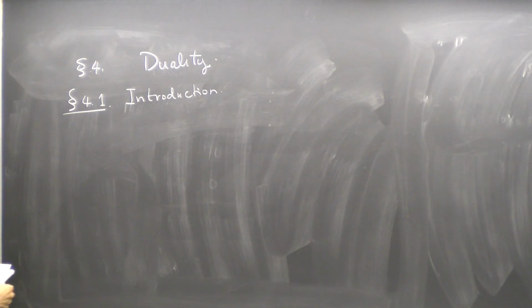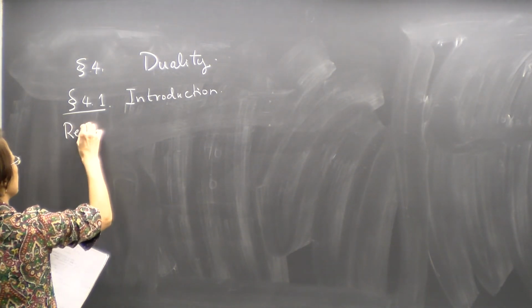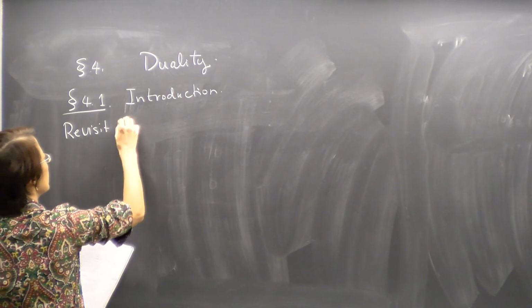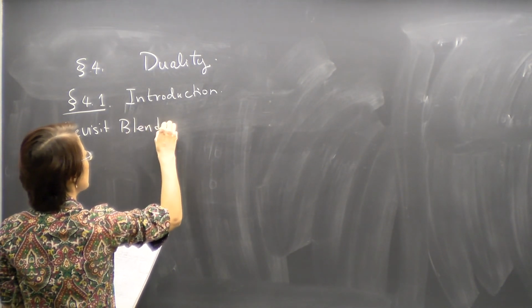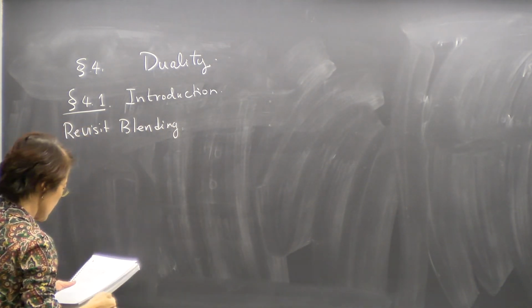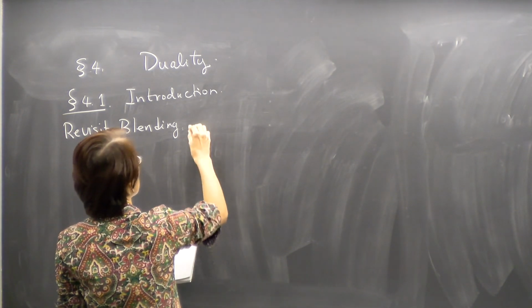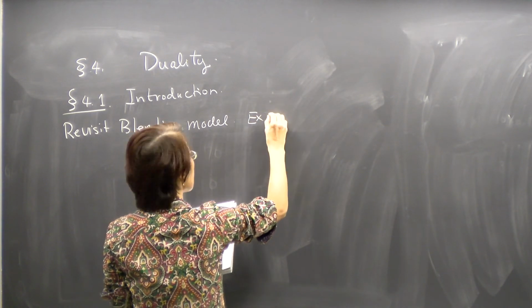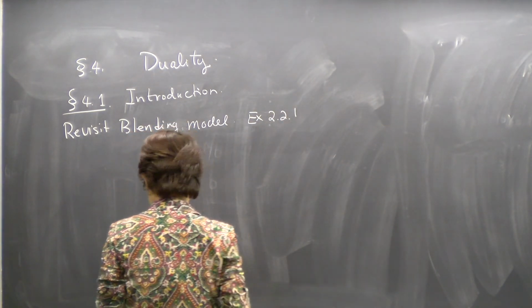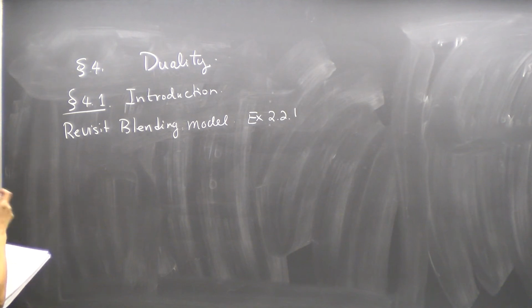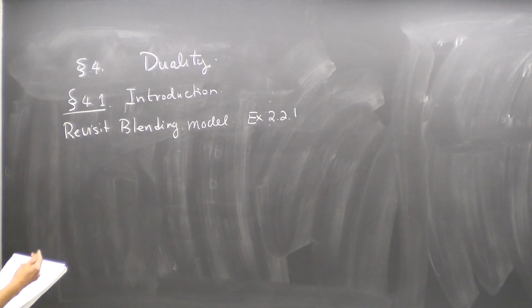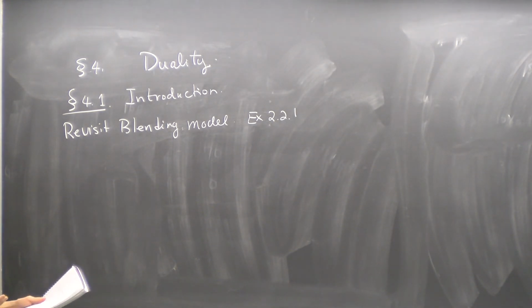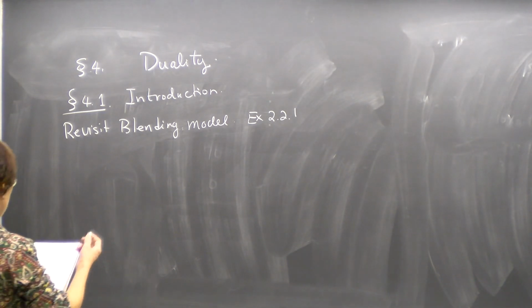So we'll revisit a blending problem that we covered, maybe one of the first examples of modeling. I think it's in the textbook 221. The farmer needs to buy 2 feeds to feed his chickens, and there are 3 nutrition elements that are important. So remember that.